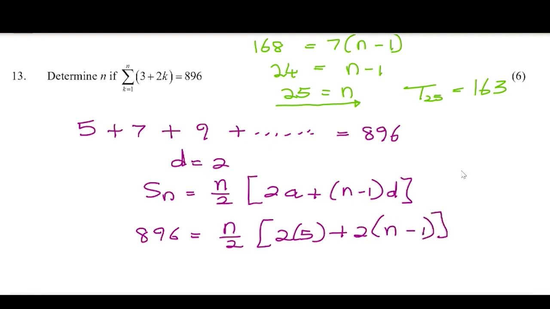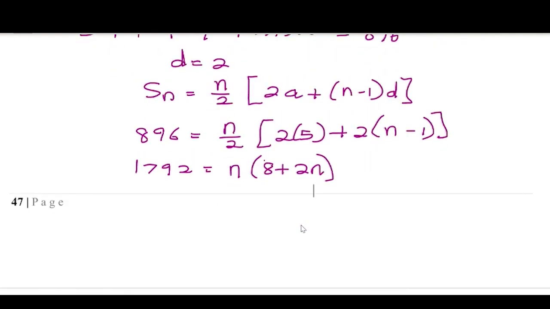Okay. If I now multiply both sides by 2, I get 1792. And I then get n. And if I simplify what's in the brackets here, I actually get 8 plus 2n. Right? Let's multiply it out, and I get 2n squared plus 8n minus 1792 equals 0.